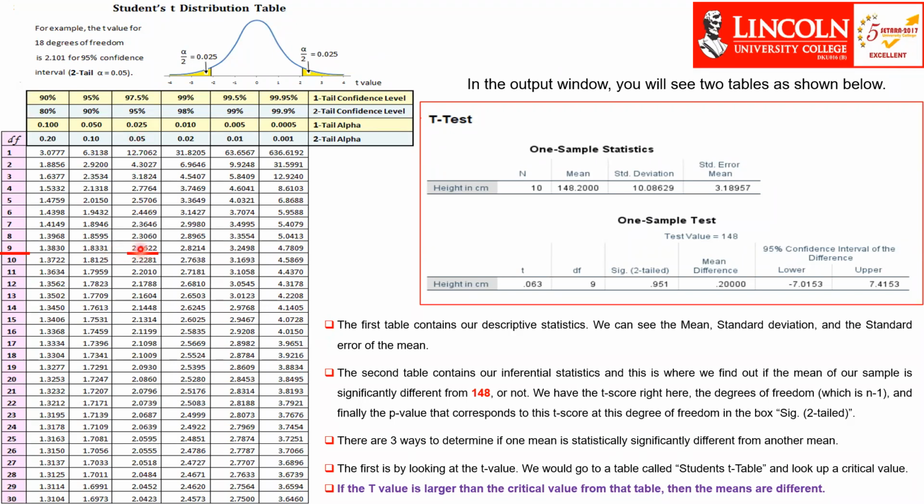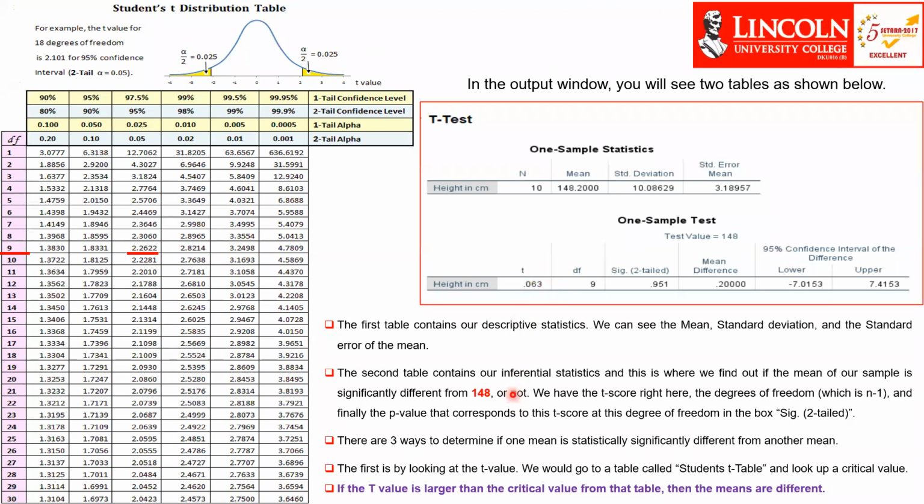The value you are getting here is referred to as your critical value. The critical value here is 2.2622, which is greater than your t-score or t-value.